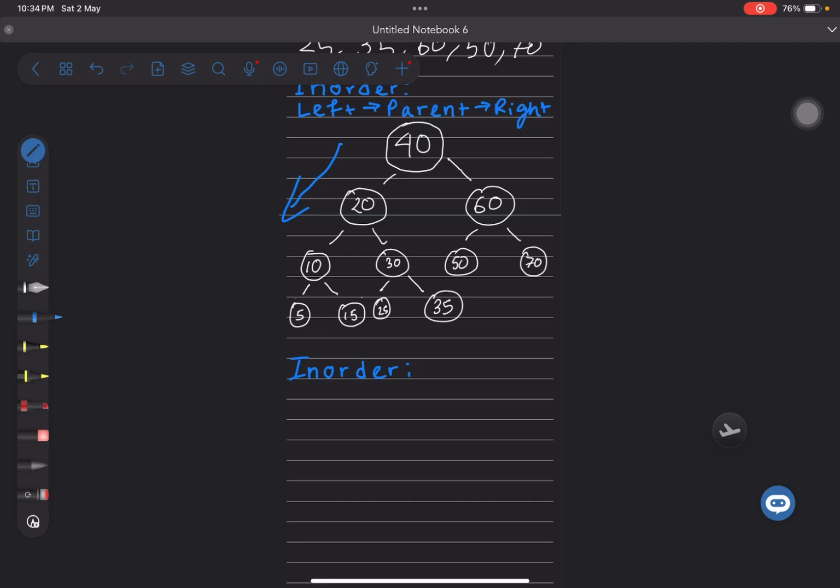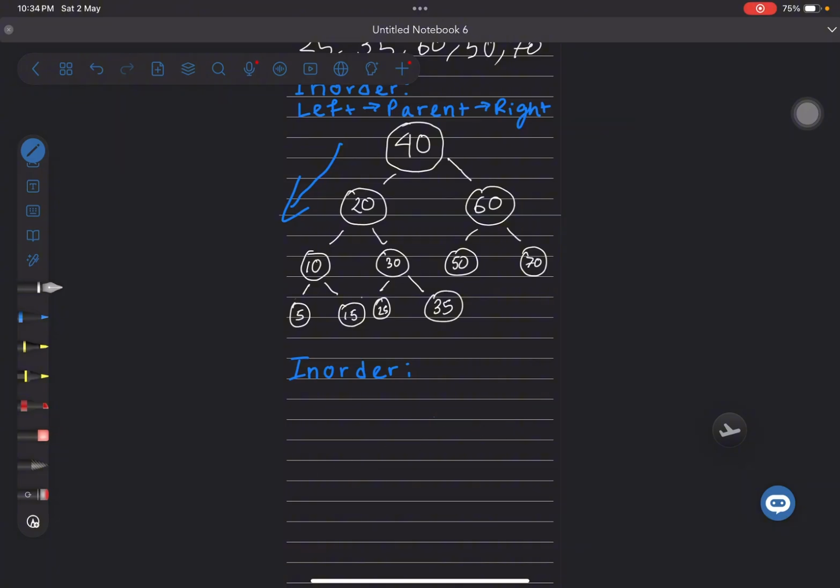Once we have completed all of the left side, only then we will hit the parent of the left side. And after we have hit the parent, we will go to the right side of the parent. Now this might be again a bit confusing, but once we start practicing, hopefully you will understand.